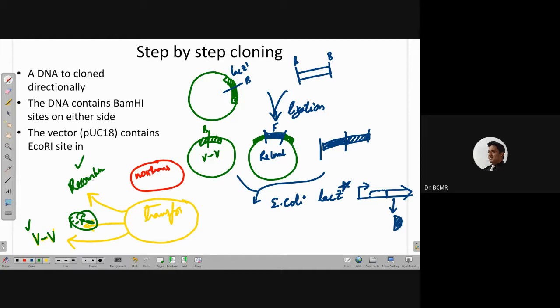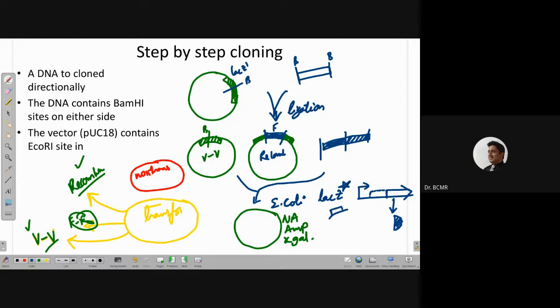And we need to be able to distinguish these two. How will we characterize them? By adding them on plates containing nutrient agar or LB agar. It should contain ampicillin. It should also contain X-Gal. Now, which ones will give blue color and which ones will be white?